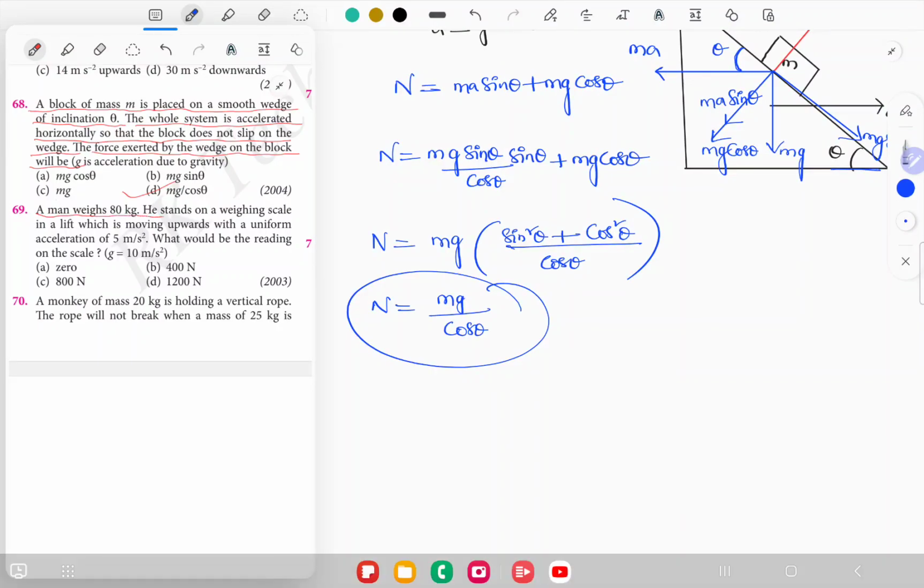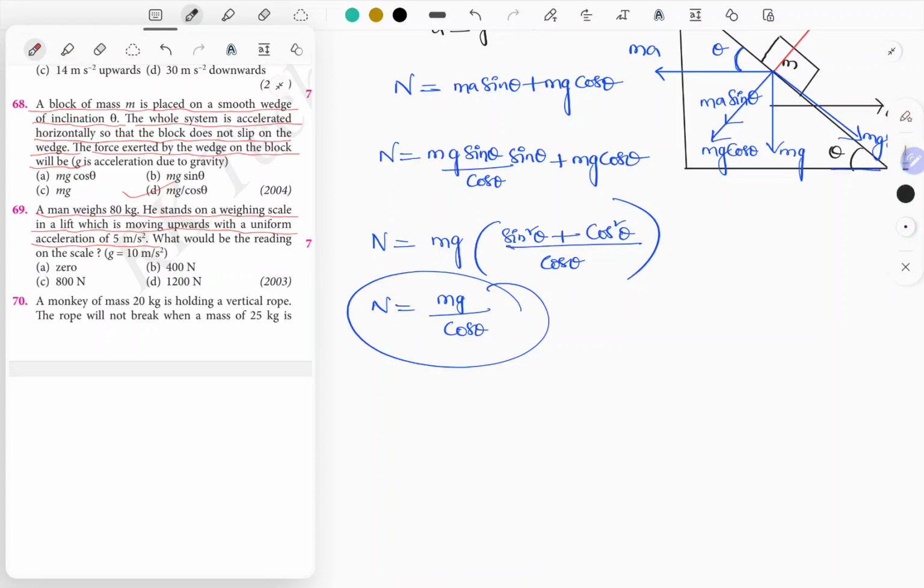A man weighs 80 kg. He stands on a weighing scale in a lift which is moving upward with a uniform acceleration of 5 meters per second square. Super. We have already given the types of numericals which come based on lift. Look at this, question number 69. Let me solve that. So what's the weight of this person?